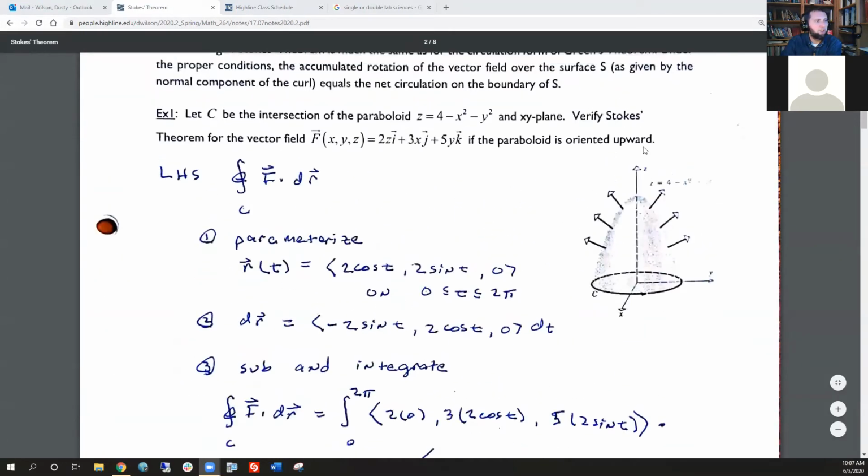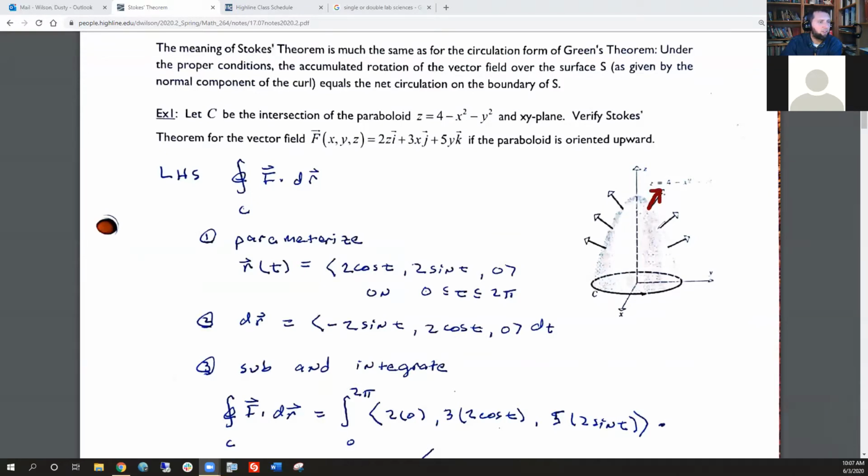So if you go back to the picture, notice that all of the normal vectors are pointing out. These would be all of your n vectors, and we find those n vectors by looking at r_u cross r_v.